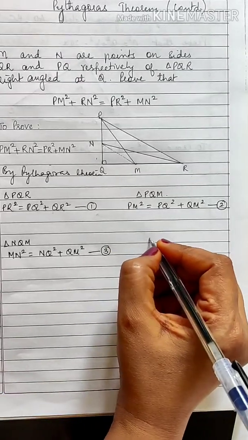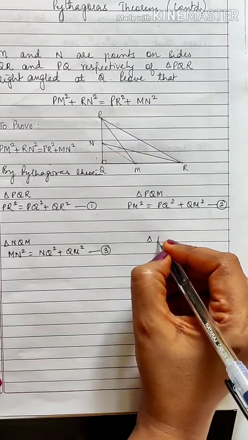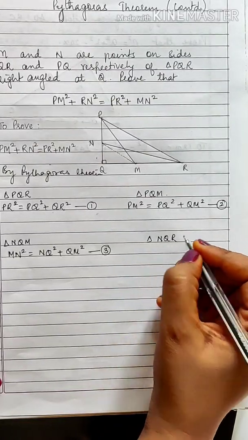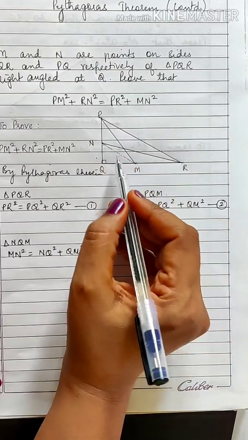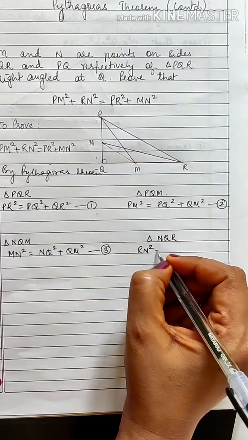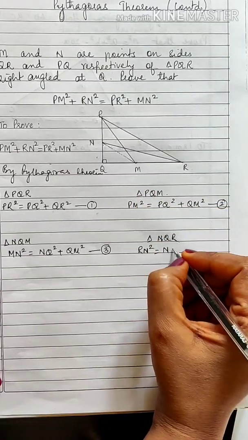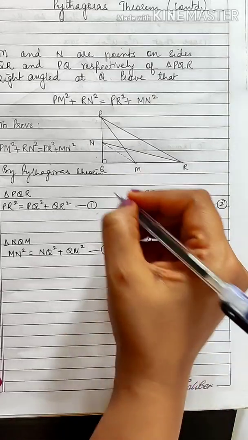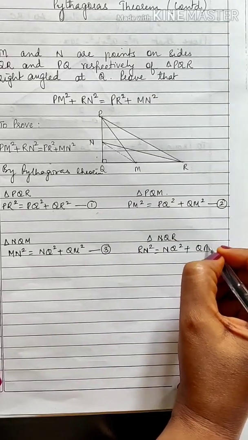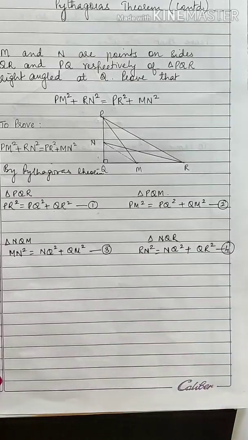Now the last right angle triangle, triangle NQR. So here you can write RN square is equal to NQ square plus QR square. This is your fourth equation.